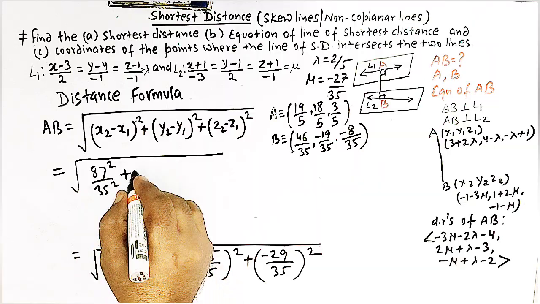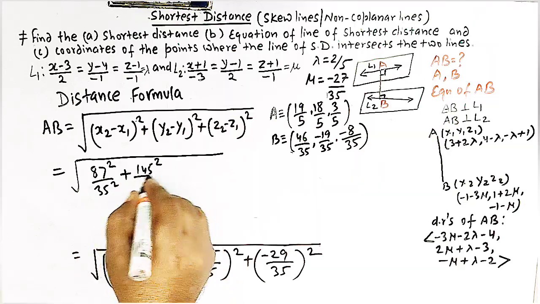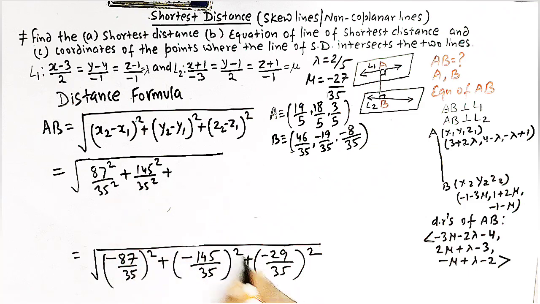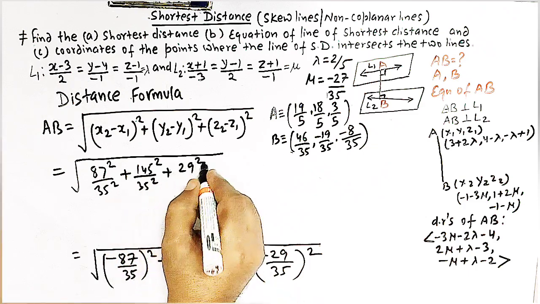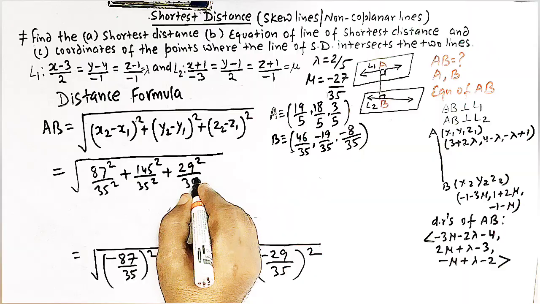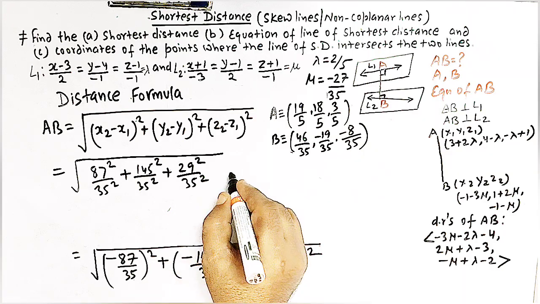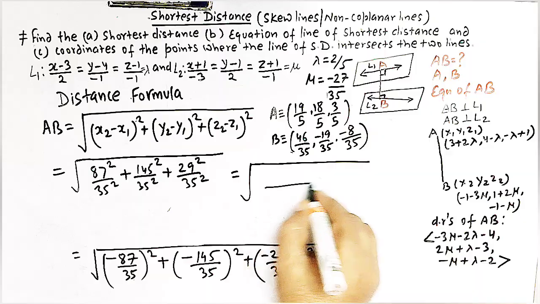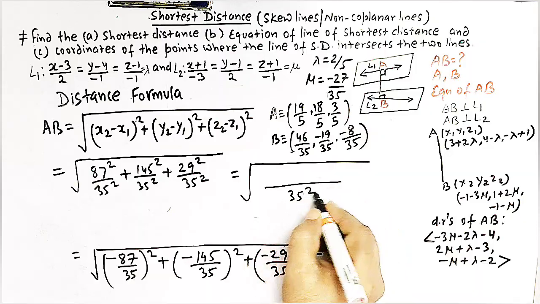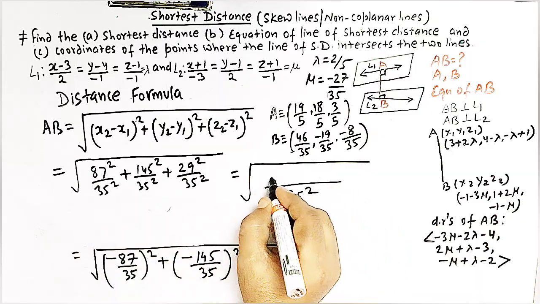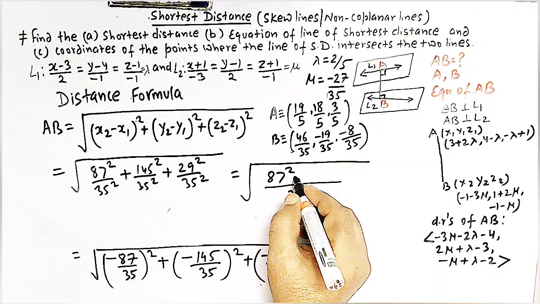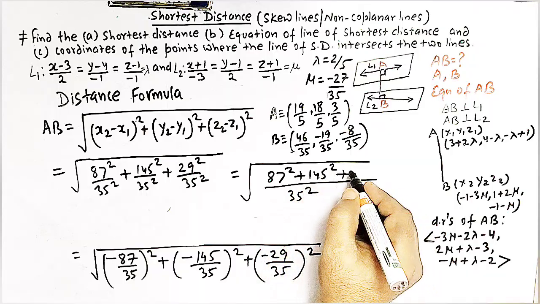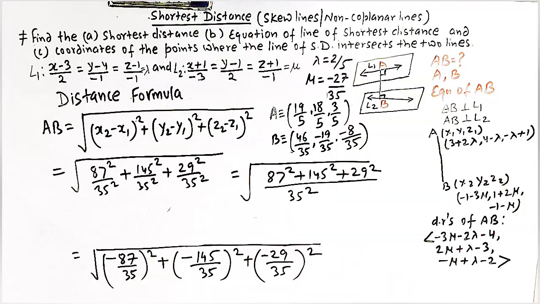Then we have here 145 square over 35 square, and here we have 29 square over 35 square. So now here we can take 35 square as the LCM. We have 87 square plus 145 square, and here we have 29 square.